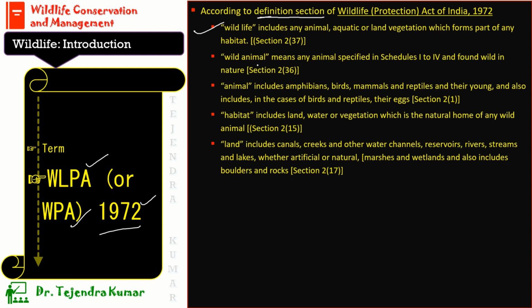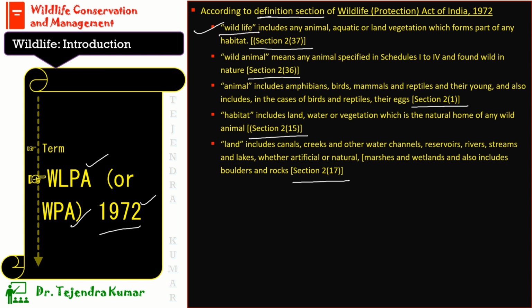I have copied from there and mentioned the reference of that section and its clauses, so you can see in which section, in which clause, what kind of definition is given. I have not changed a single word so that you can get the correct definition which is given in that act.